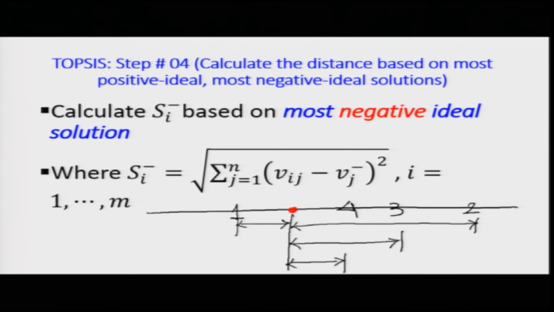So, this is again equally penalized, finding out the differences, squaring them in the Cartesian sense and then adding up. This is basically the simple distance which I am trying to find out. I do it for each and every alternative and find out S1 till Sm plus. Similarly, I find out S1 to Sm minus. Minus and plus are on the top.